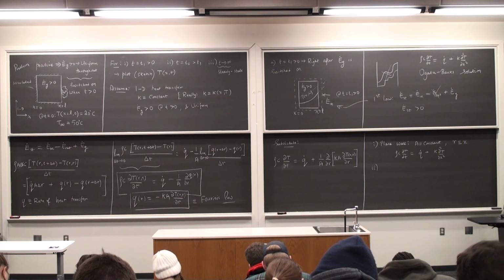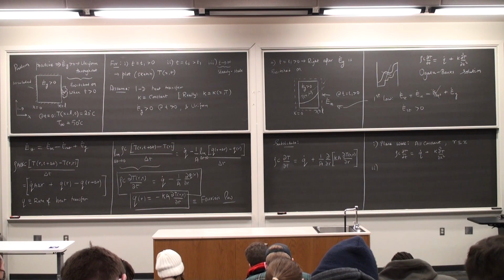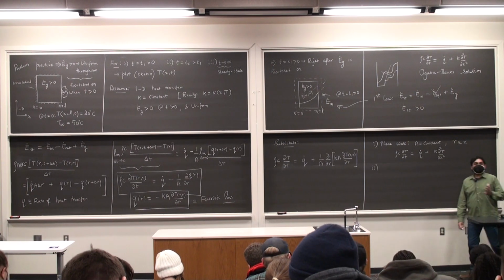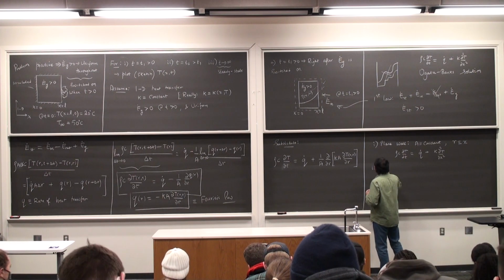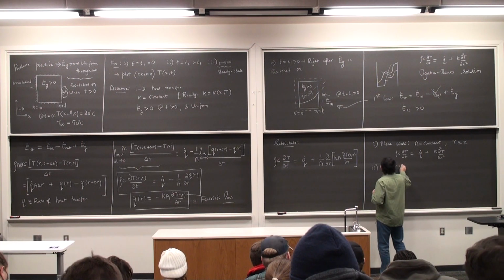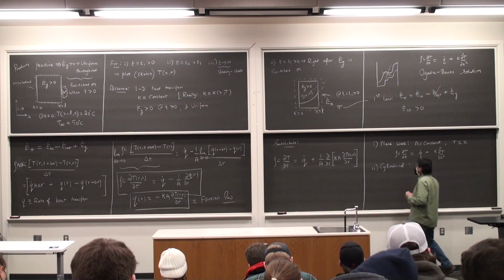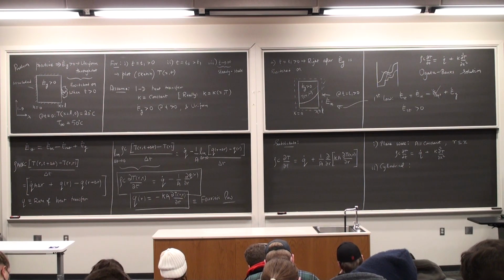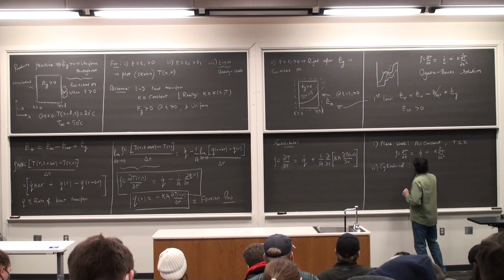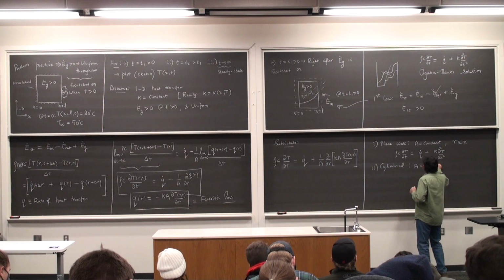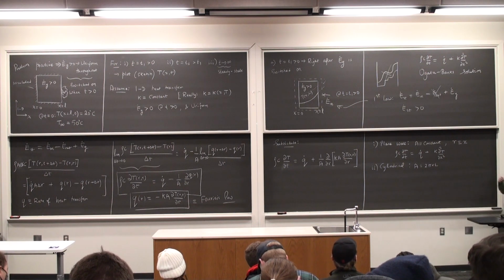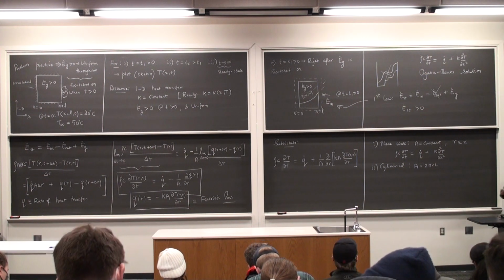Second situation, if I have a cylindrical body, the surface area available for heat transfer at some radius r is 2 pi r times L. If I do the substitution into my heat diffusion equation, I end up getting the following.